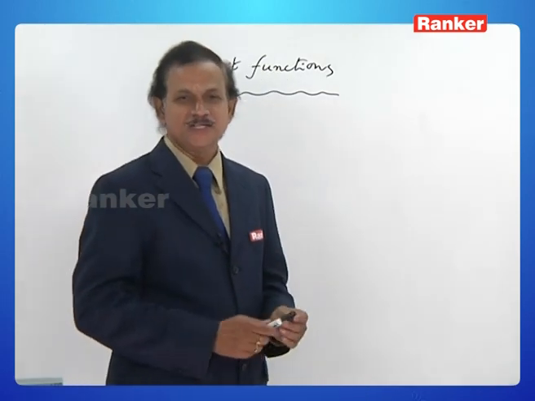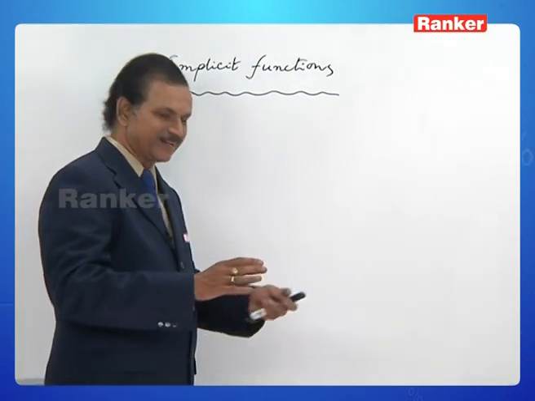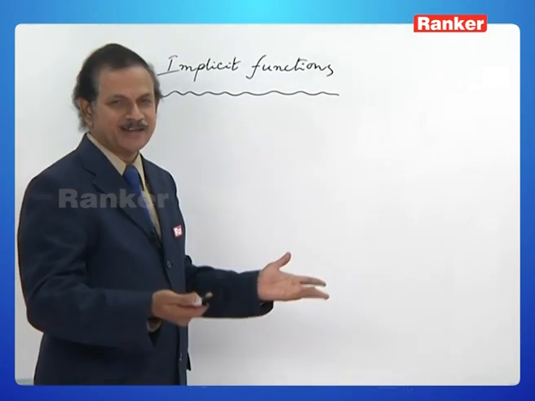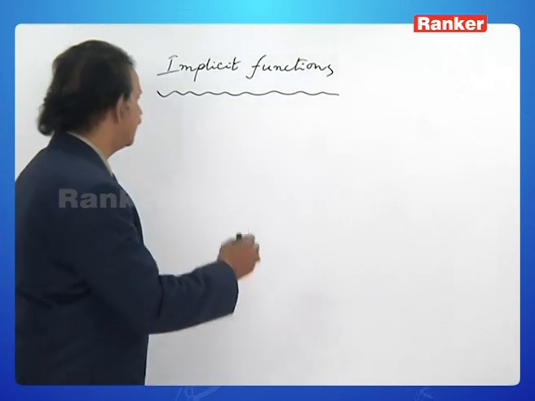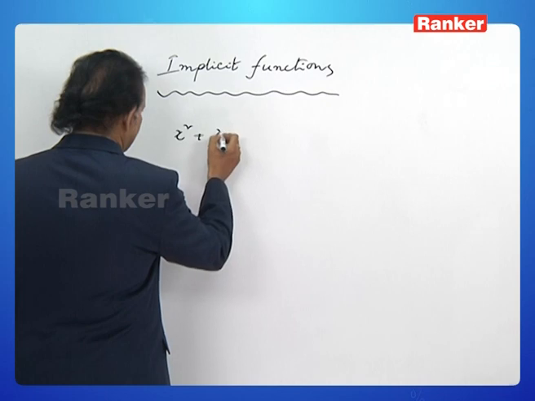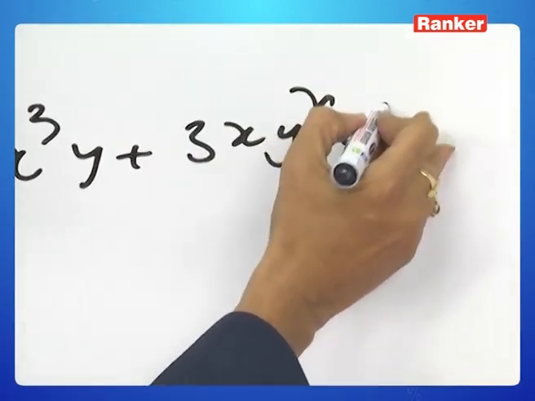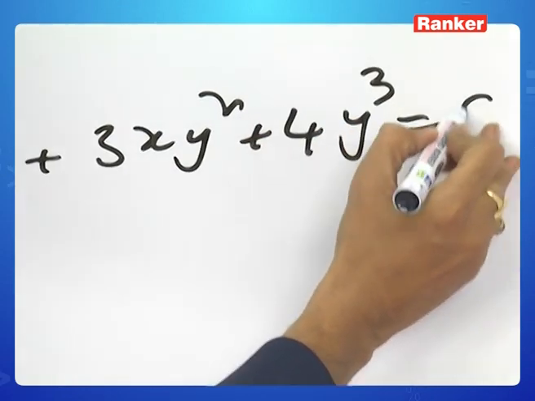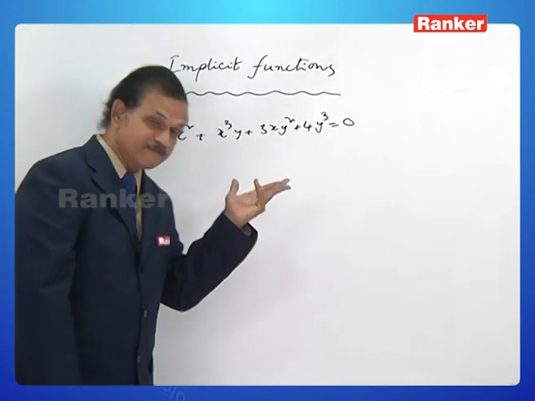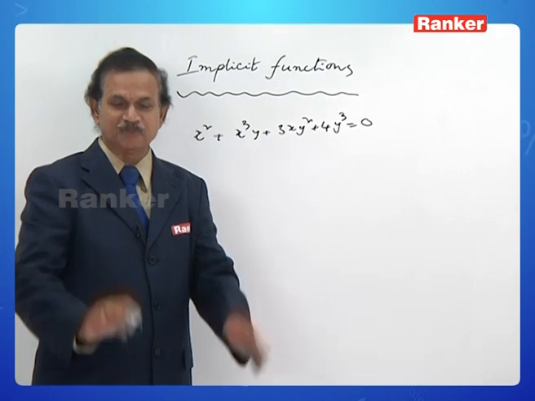What does it mean? The dependent variable and the independent variable cannot be separated. They will be bound together in a particular relation. You cannot get y out. What I mean to say is, look here: x square plus x cube y plus 3xy square plus 4y cube is equal to 0. Find y. Can you express it?